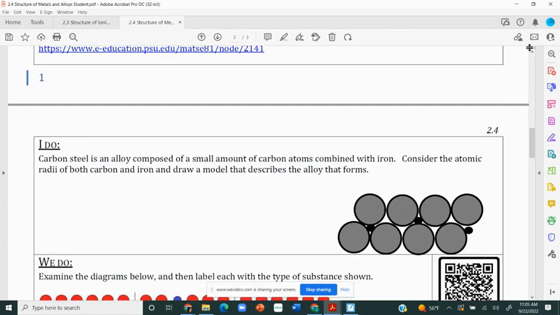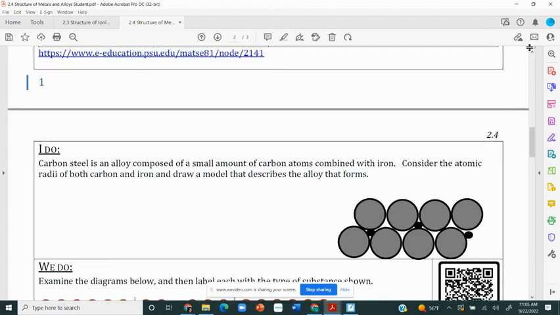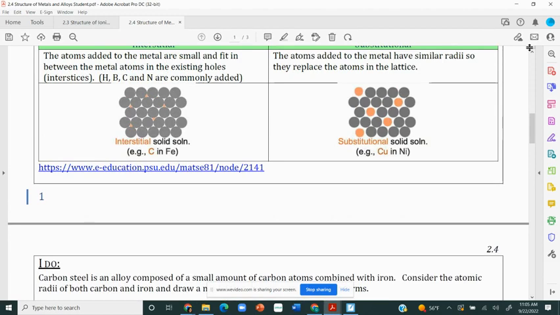I'd have to look it up. I don't remember. Copper and nickel. So this probably was bronze that we were talking about right here.